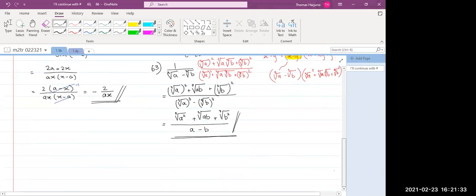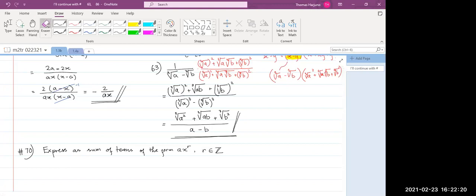Number 70. I remember I didn't go over this part in my lecture. So let's do this one. The question is express as the sum of terms of the form ax to the r, where r is a rational number.